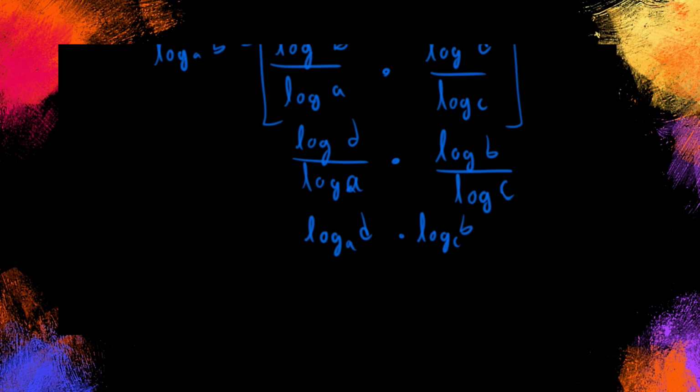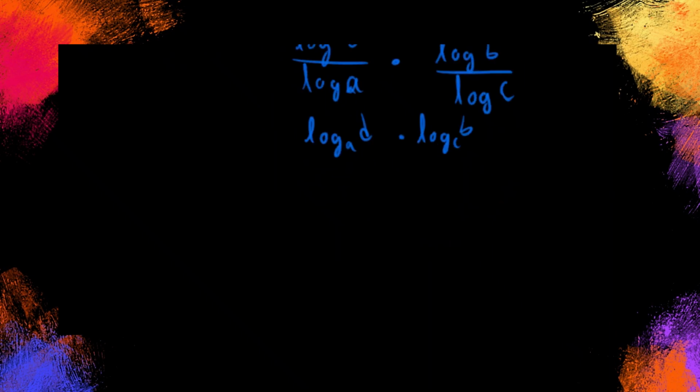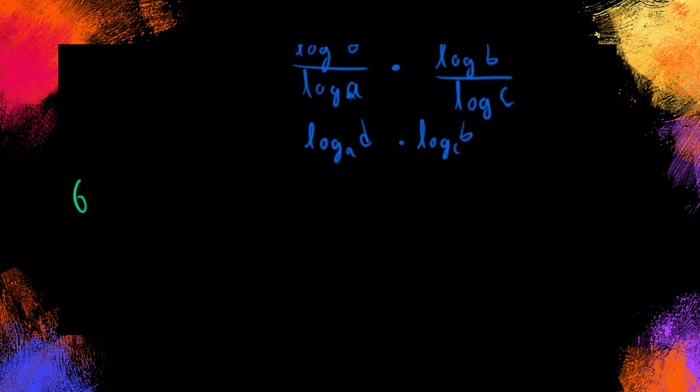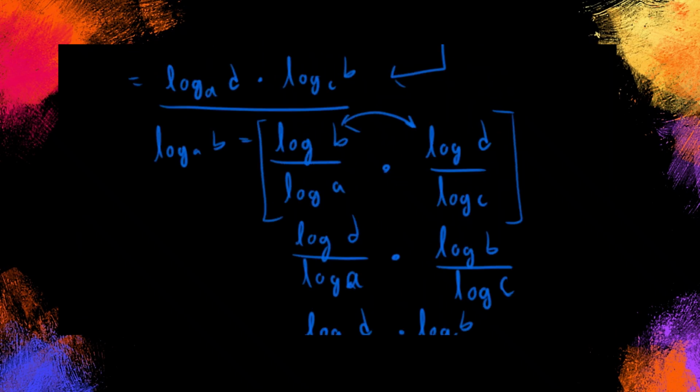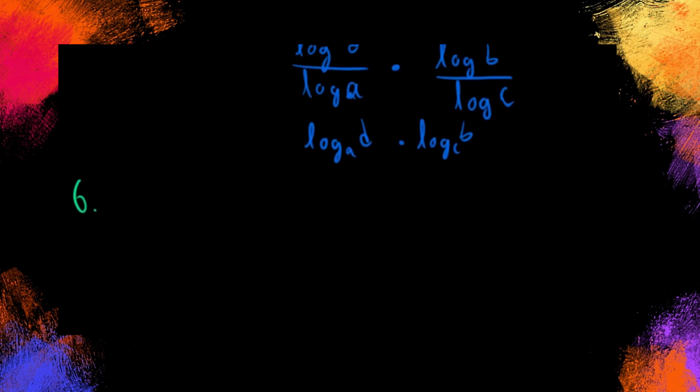Alright, one last rule that you should know about. It goes something like this. So this is rule 6, I believe. Is this rule 6? Yes, this is rule 6. And it goes: log base a of a to the power x is going to be equal to x times log a of a.